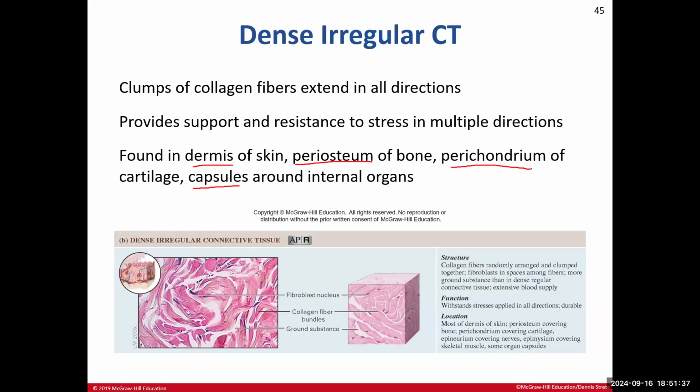Because what attaches onto your bones? Well, ligaments that attach bone to bone, but also tendons, which attach muscle to bone. And so those are going to have directional forces that we want to have this strong type of tissue here to handle that.